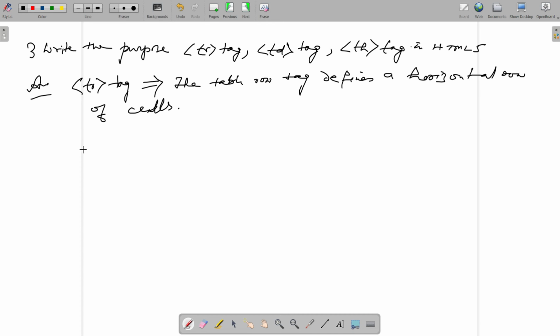Next comes the TD tag. Now what is the TD tag? TD means table data.